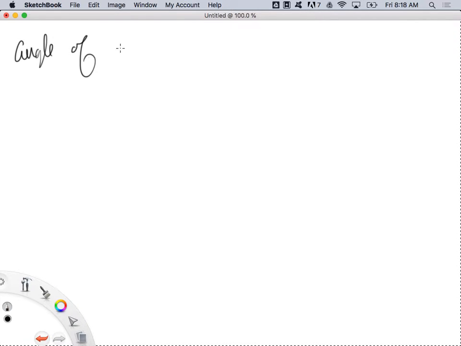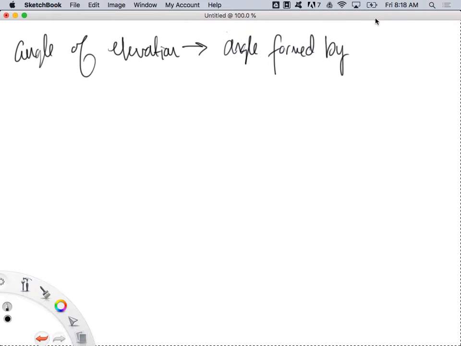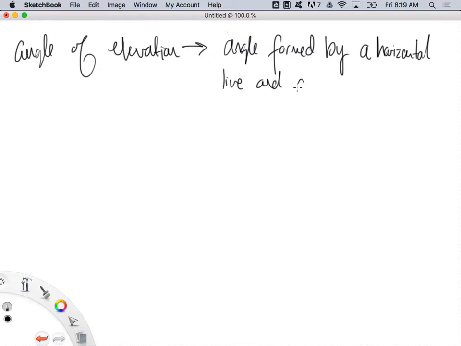Now, to do with trigonometry is angle of elevation. Angle of elevation is the angle formed by a horizontal line and a line to a point above.